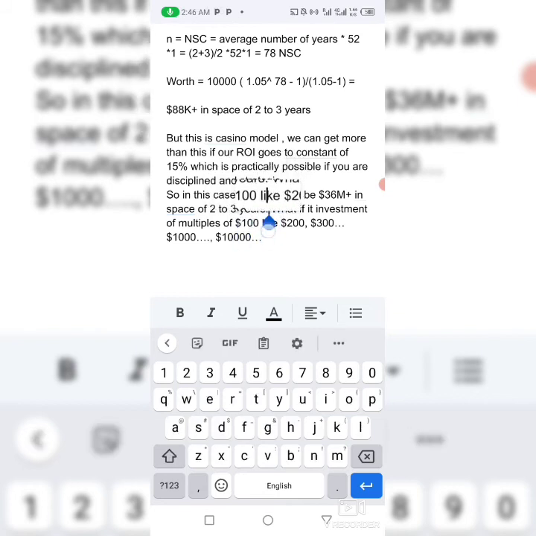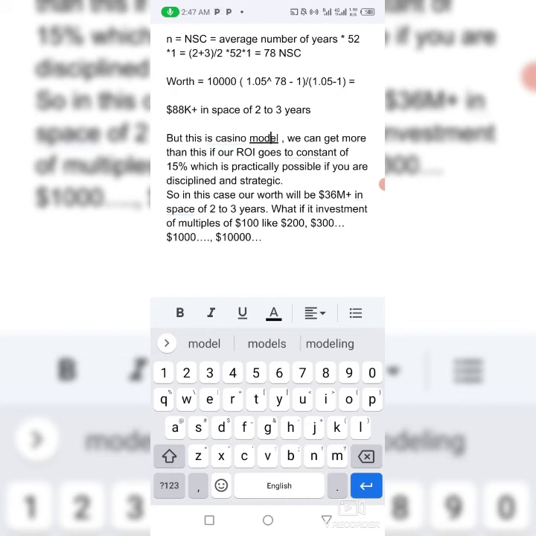Are you getting it? What happened in the previous calculation I did is that I used the minimum statistical edge of 5%, I kept the time constant, and I varied the initial investment.